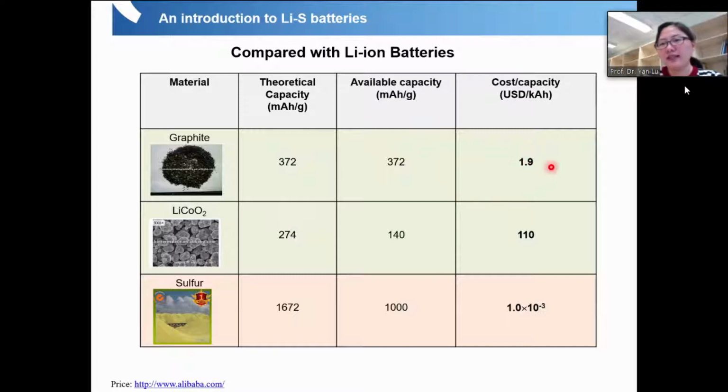If you compare the cost, you will see sulfur is really one of the cheapest raw materials we can use for the electrode. And also, if you compare the theoretical capacity, for sulfur, it's more than 1,600 milliampere hour per gram. And this is now the value researchers can aim to achieve.